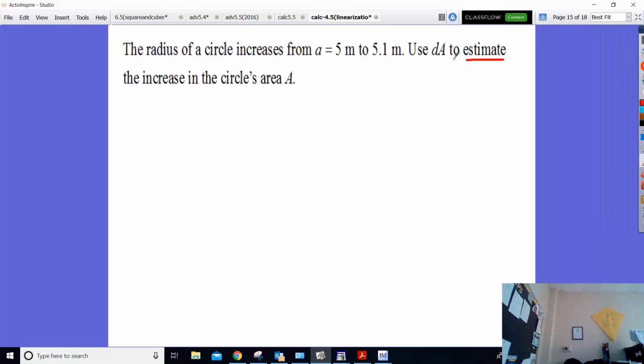Now, when you see dA, that means derivative of A. And A is simply a reference to the circle's area. So first off, how do you find the area of a circle? Pi r squared. What would dA be? The derivative of A.